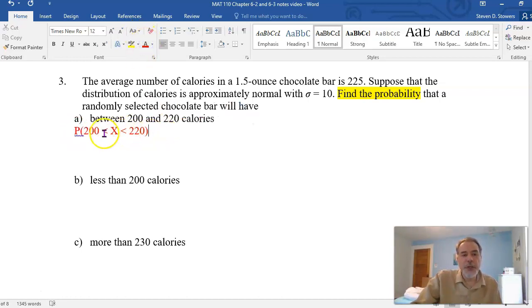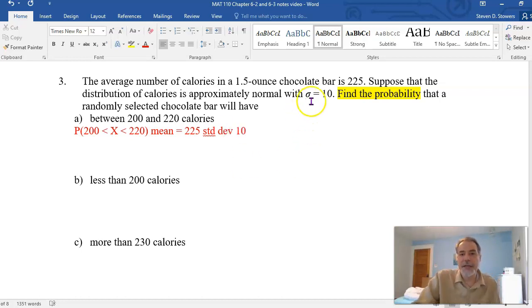So first thing we need to do is take these numbers, the 200 and the 220, and convert them into z-scores. So for that, you'll need a calculator, and you will need to know the mean and the standard deviation. Here it tells us that the mean, that is the average, is 225, and the standard deviation is 10.